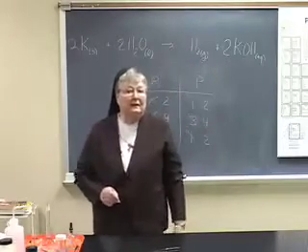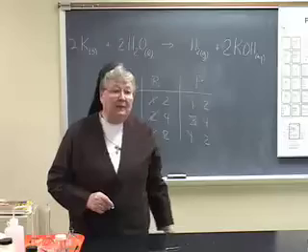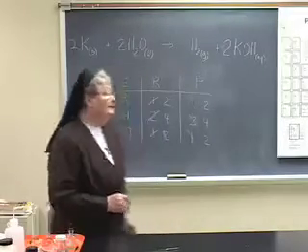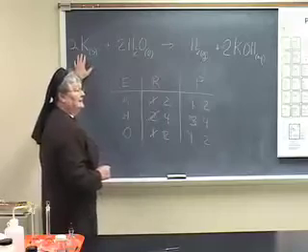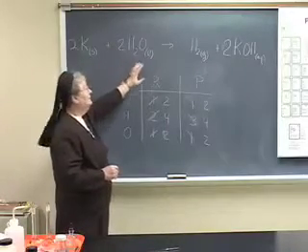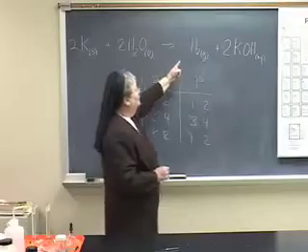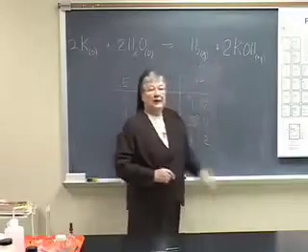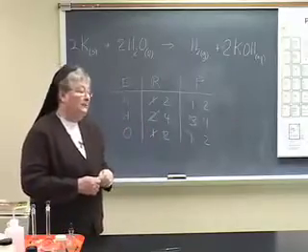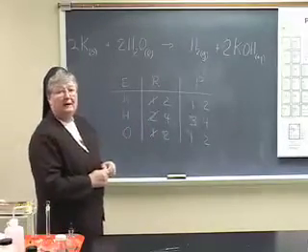But even better, since we're chemists and we think in terms of moles, I could say 2 moles of potassium react with 2 moles of water to form 1 mole of hydrogen plus 2 moles of hydroxide.